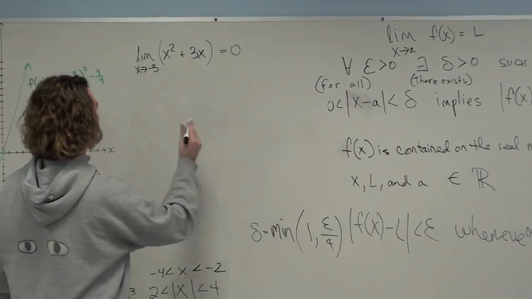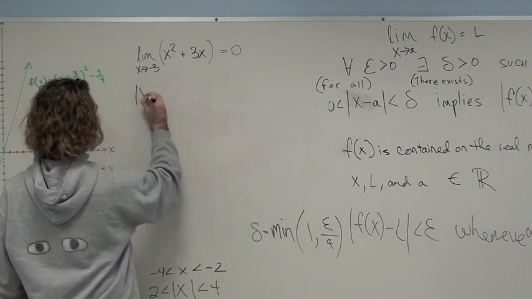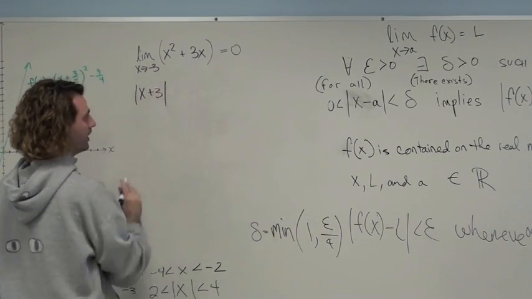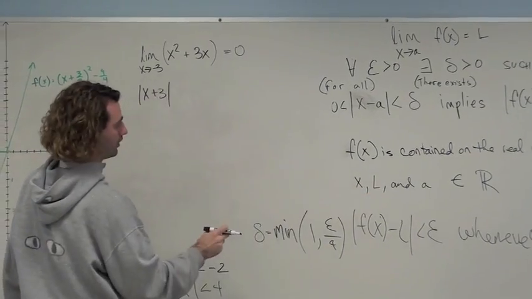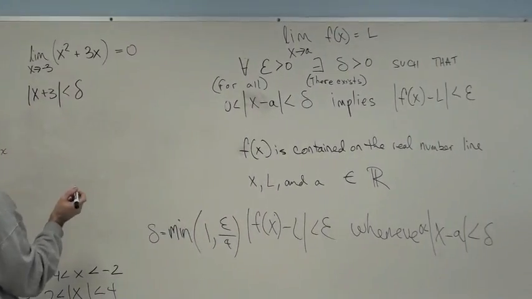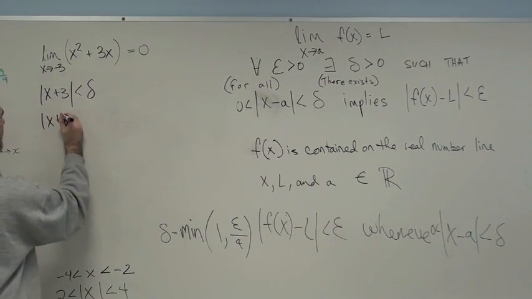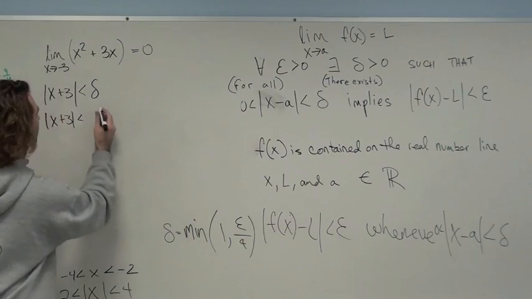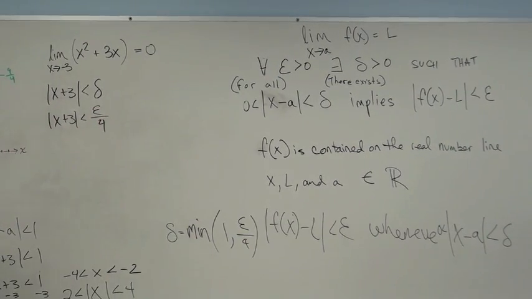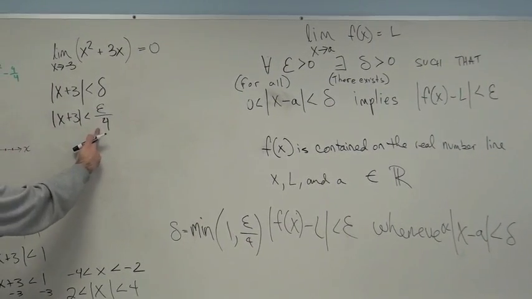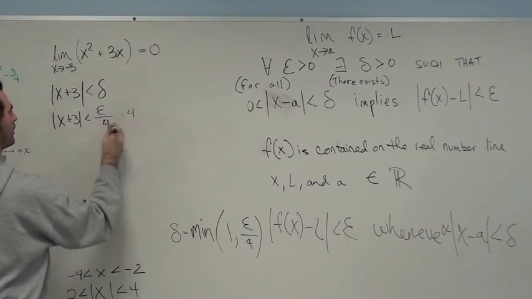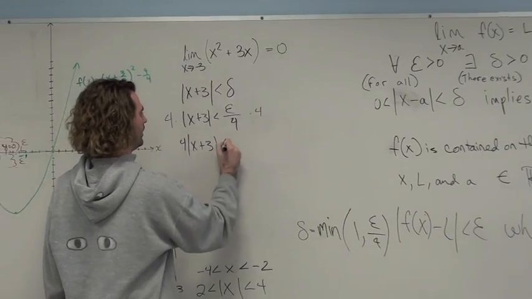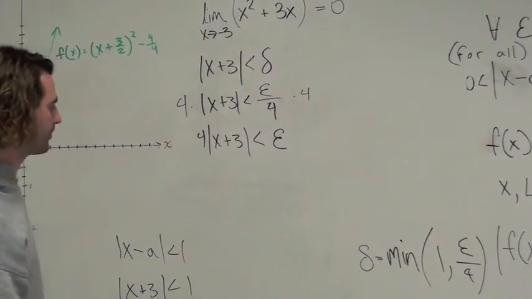Right. So we're going to start with the absolute value of x minus a, so that's going to be the absolute value of x plus 3, is less than delta. What our delta we decided was the min here, so we can say it's less than epsilon over 4. We can multiply both sides by 4 and get 4 times the absolute value of x plus 3 is less than epsilon.